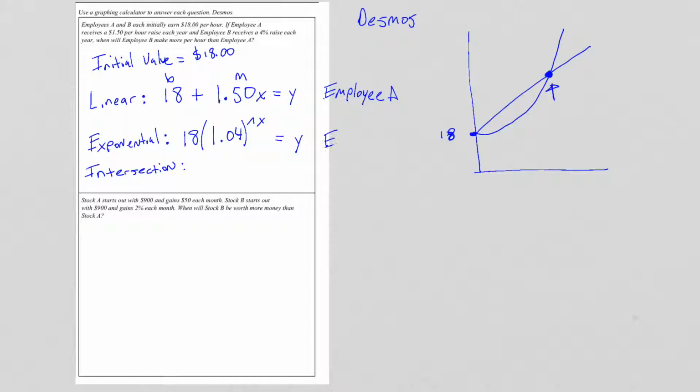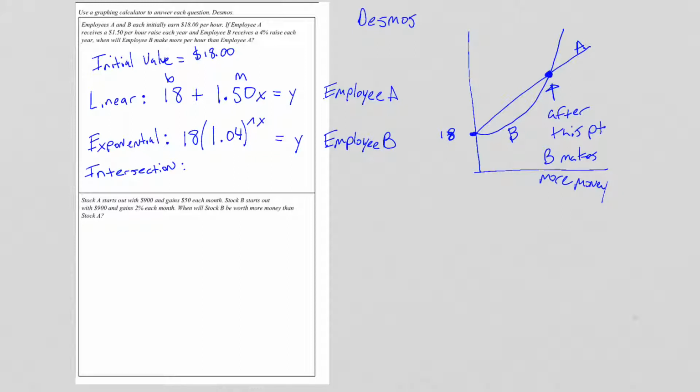They want to know, when will employee B make more money than employee A? Well, the exponential function is employee B. So the one that's this curve, right, this is going to be employee B. And the one that's the line is employee A. So at some point, basically after this point, employee B makes more money.